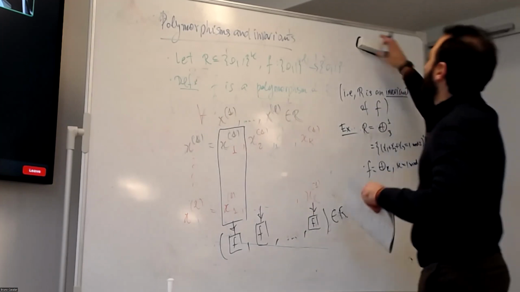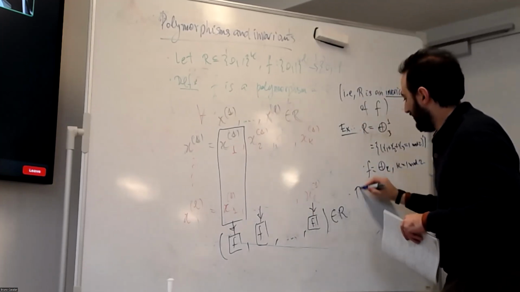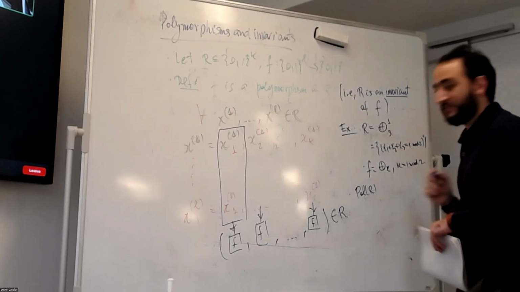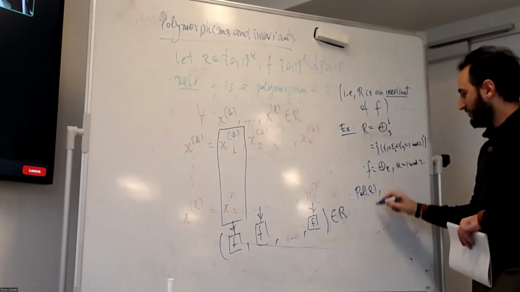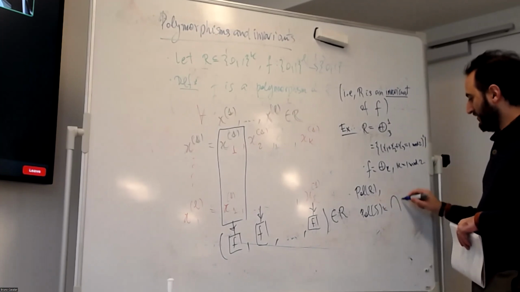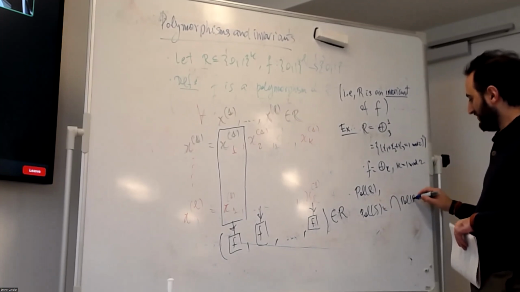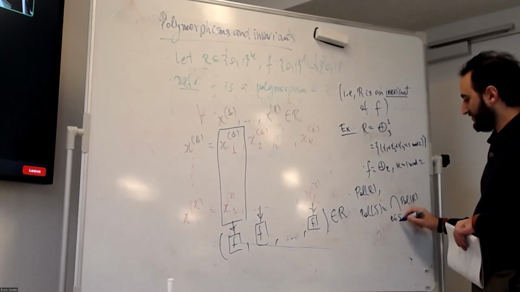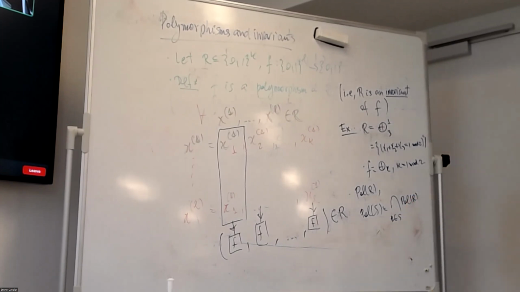So you can write polymorphisms of R, and you can also write polymorphisms of S, which are those that are polymorphisms of all the relations you have. So these are the symmetries in the lattice.